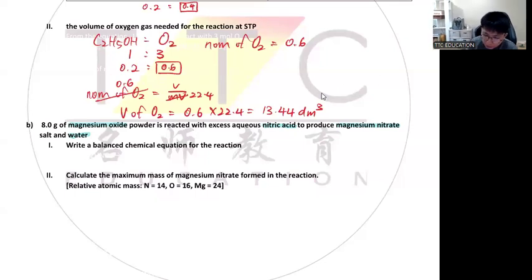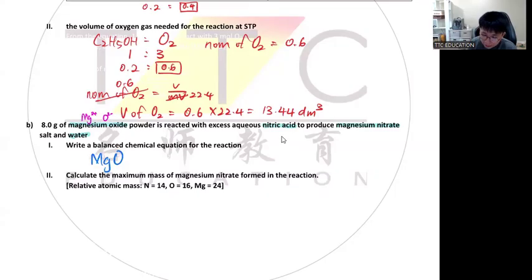Yes, very good. So magnesium oxide is actually MgO. Why MgO? Because Mg is 2 plus, oxide is 2 minus. So Mg2+, O2-, MgO.